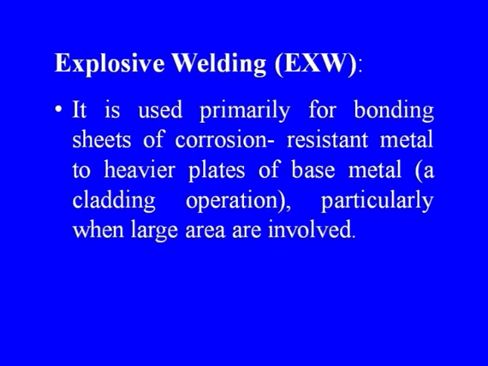On the other hand, we have seen spot welding or the ultrasonic welding are confined to a relatively small area. However, this explosive welding is more suited to larger area for bonding.